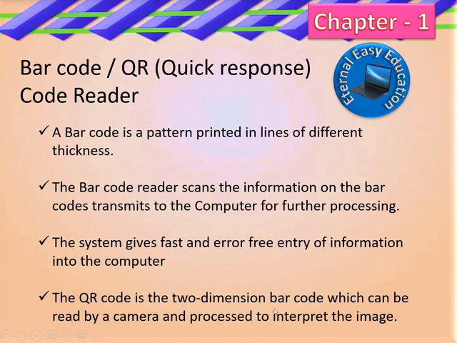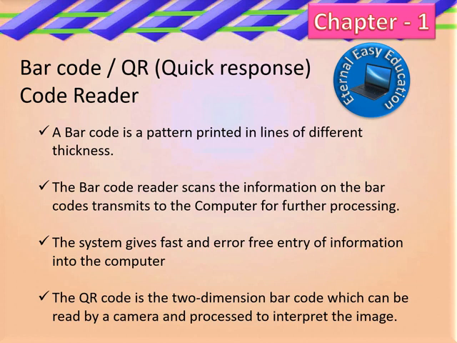The QR code is a two-dimensional barcode which can be read by a camera and processed to interpret the image. This QR code is used in many places. Just for paying the amount using Paytm, we are using QR code. Even your textbook has a QR code.